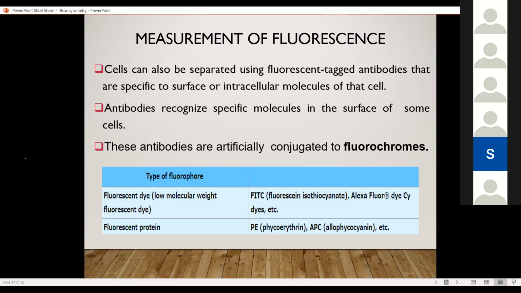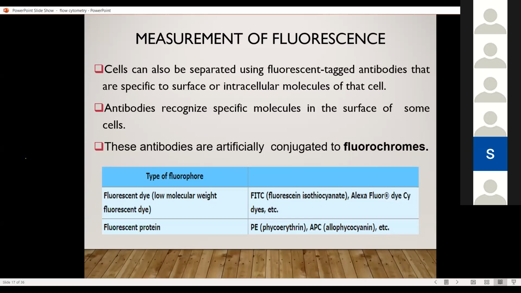Low molecular weight fluorescent dyes are available, and high molecular weight fluorescent dyes are also available. Some of the commonly used fluorescent dyes are FITC, fluorescein isothiocyanate, which we commonly use in our laboratory experiments, as we are going to do monoclonal antibody experiments.